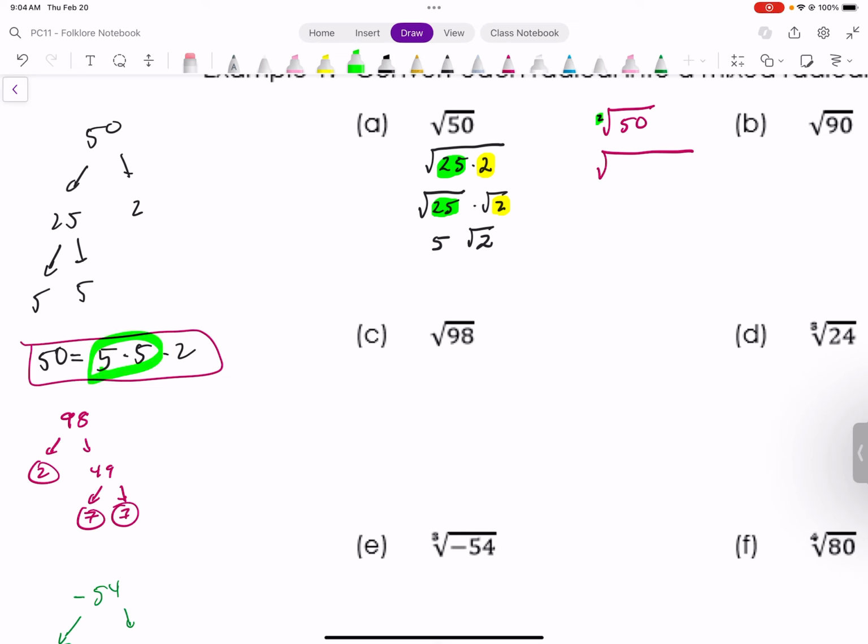I have two factors of 5, so I write 5 squared times 2. I decompose this as the square root of 5 squared times the square root of 2. The square root of 5 squared simplifies to 5, and the square root of 2 can't be simplified, so the answer is 5 root 2.